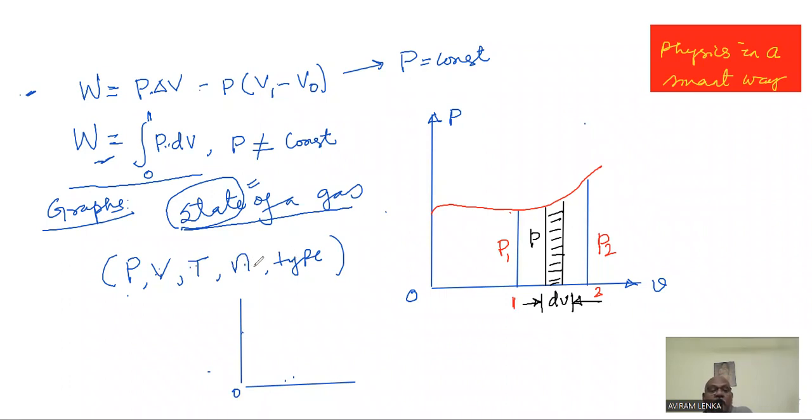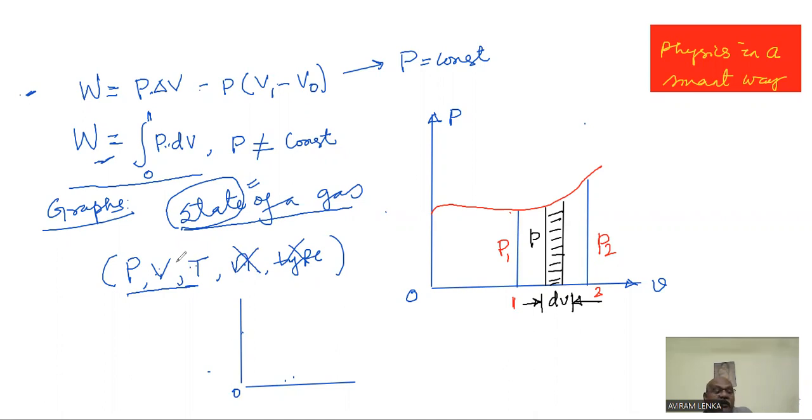Basically, once the gas is fixed, the number of moles and the type of the gas are fixed. So the things which continuously change are pressure, volume, and temperature. There are three variables, but in a graph we have scope to use only two variables. So many different types of graphs can be drawn.